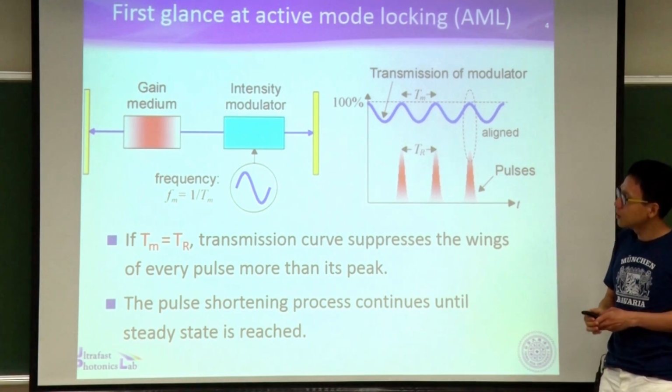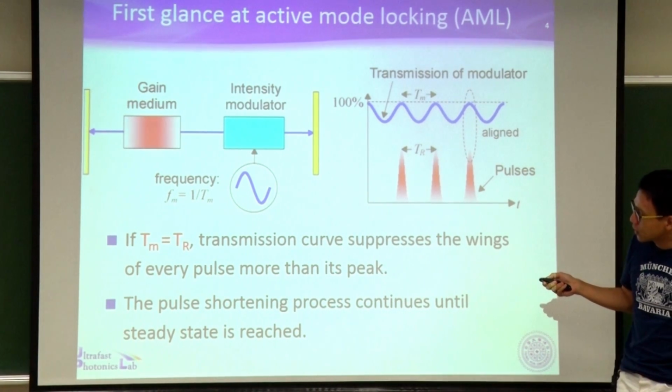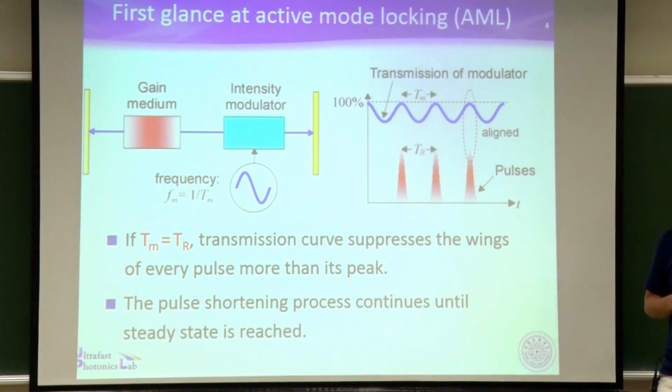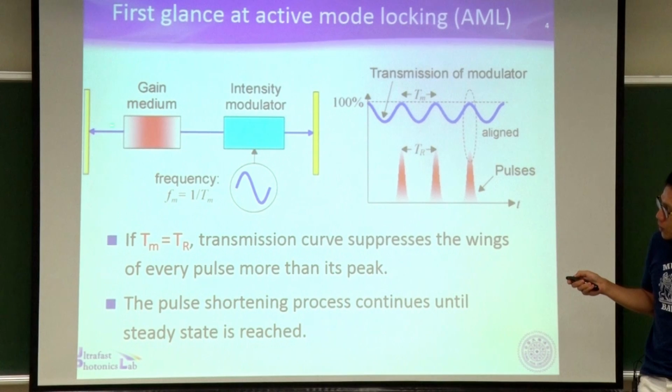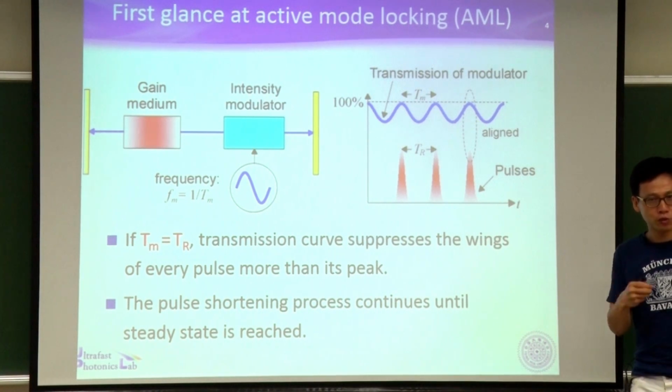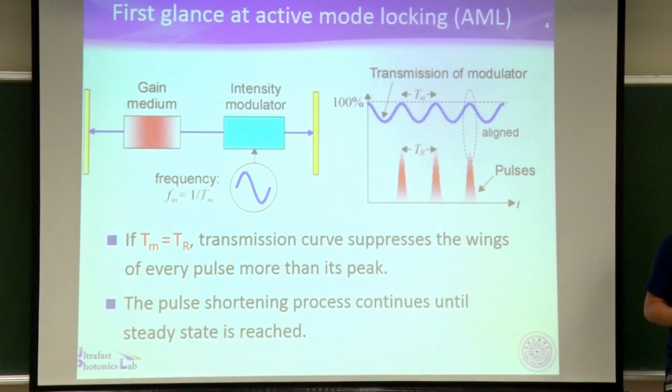In this figure, if you only consider the modulator, you only consider the pulse shortening effect. But if you consider the gain medium, which is necessary for any laser, you will see pulse broadening effect as well. And in the presence of two counteracting forces, as I mentioned before, some balance has to be reached. Then you have steady state.